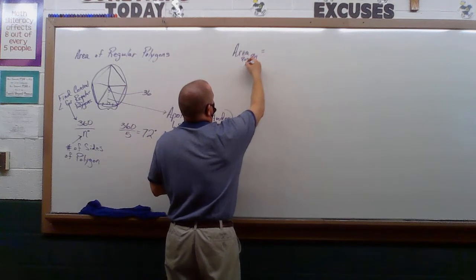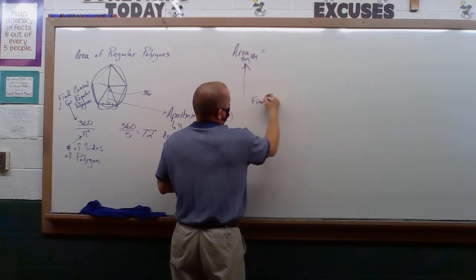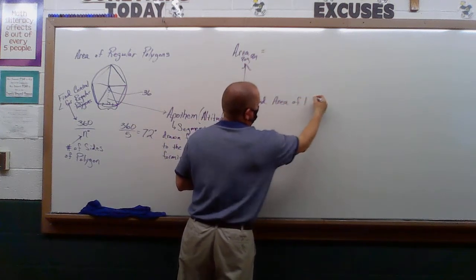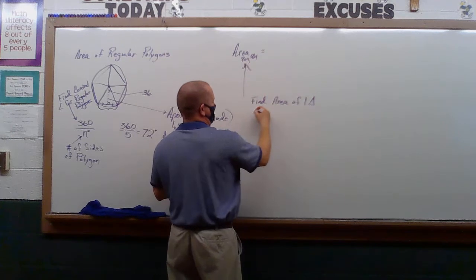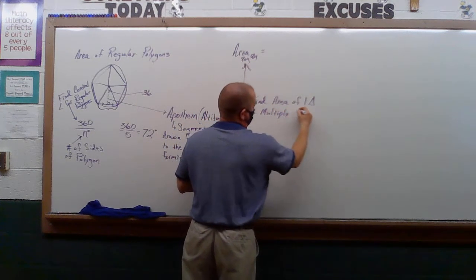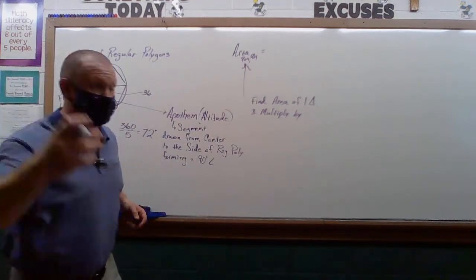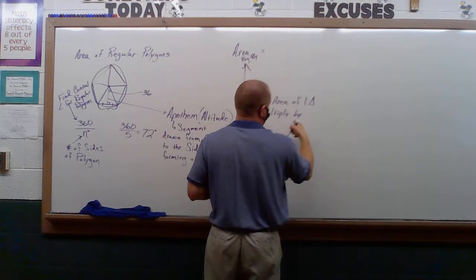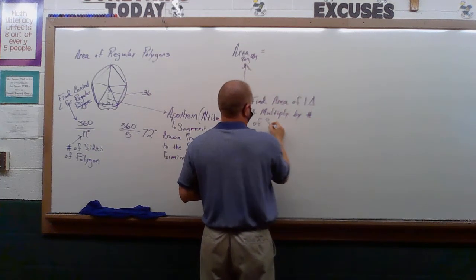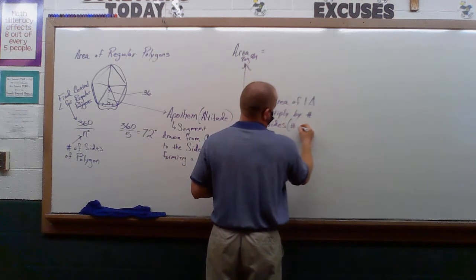So to find the area of a polygon, I could find the area of one triangle and multiply by what? How can we say that? The number of sides or the number of triangles, right? Multiply by the number of sides, because the number of sides tells you the number of triangles.